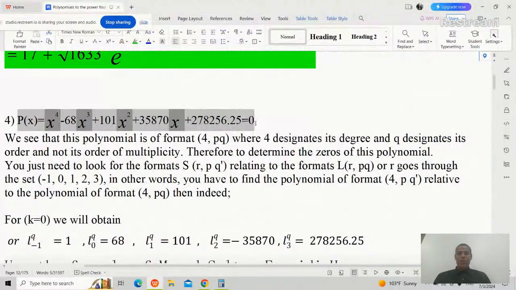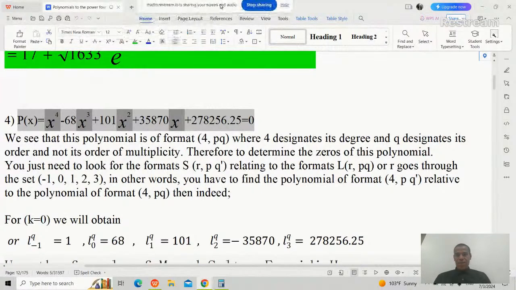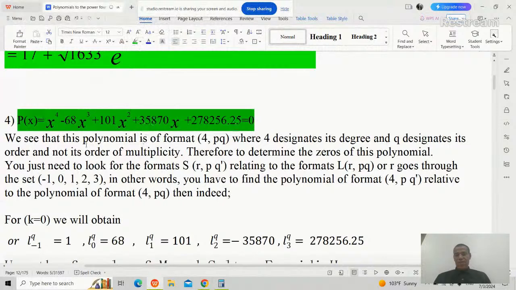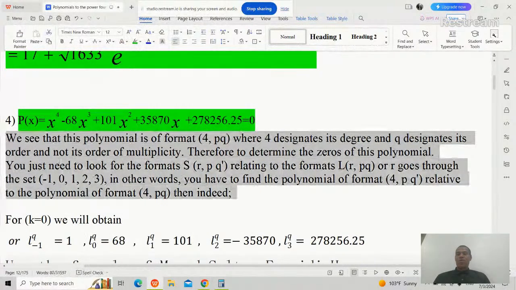It's called a fourth degree polynomial equation. So this is our polynomial to the power 4. Our target is to find the coefficients of the new polynomial to the power 4 that is related to the original polynomial.